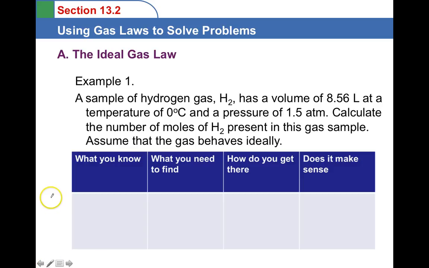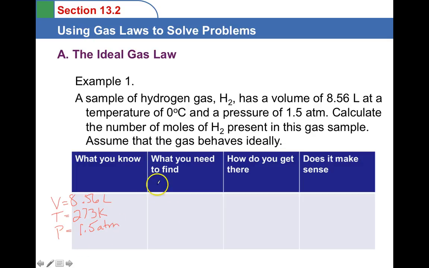Okay, we're told in the problem that we have a volume of 8.56 liters. We have a temperature of 0 degrees Celsius, so that's 273 kelvins. I'm going to write kelvins down automatically. Pressure is equal to 1.5 atm.